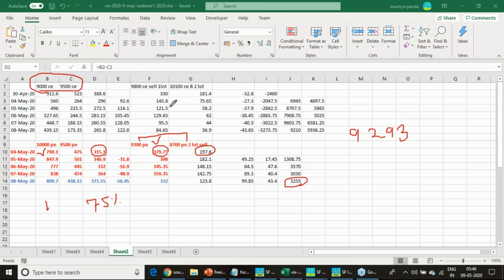And when you form a hedge for this credit spread, when you form any ratio spread, 2/1 ratio spread, short or long, that ratio spread should have a nature that on the buying side, 80% of the two lots buy value must be recovered from the one lot of sell.